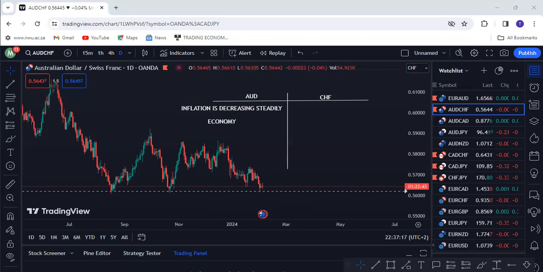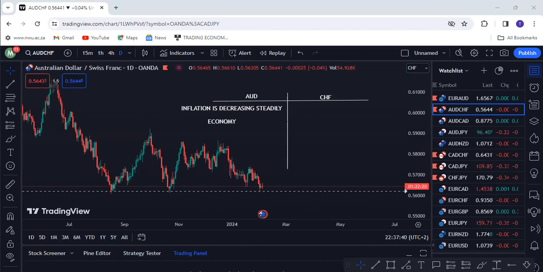That is year on year, and quarter on quarter, we have GDP slowing down to 0.2% from 0.4%. So the economy is not really in a contraction, but it's not in a boom phase.